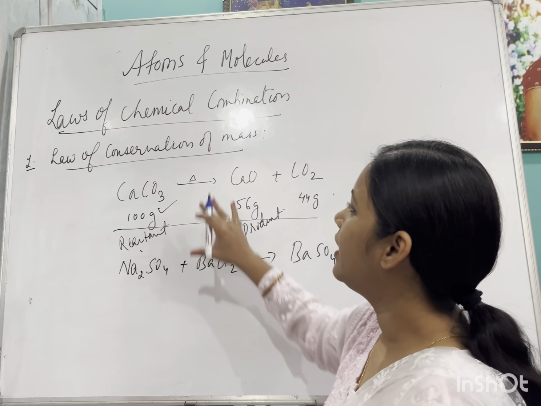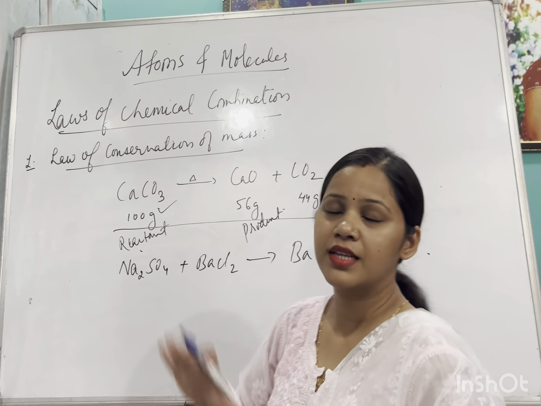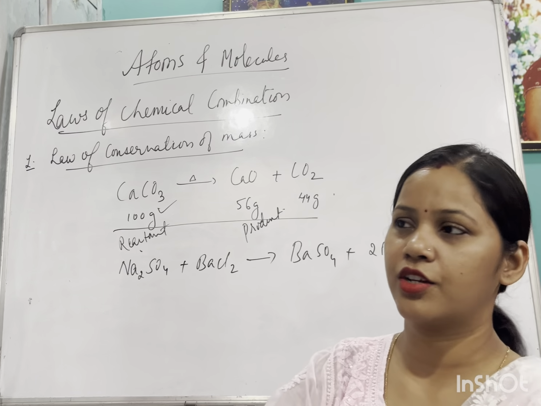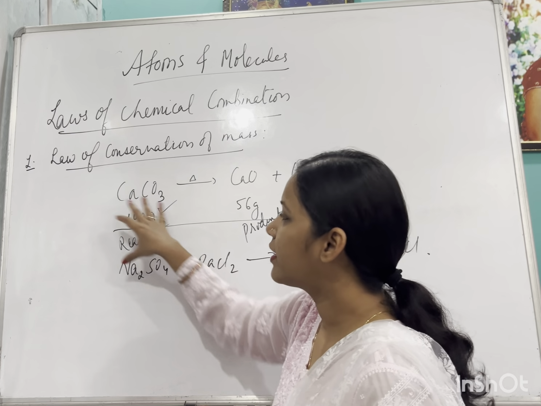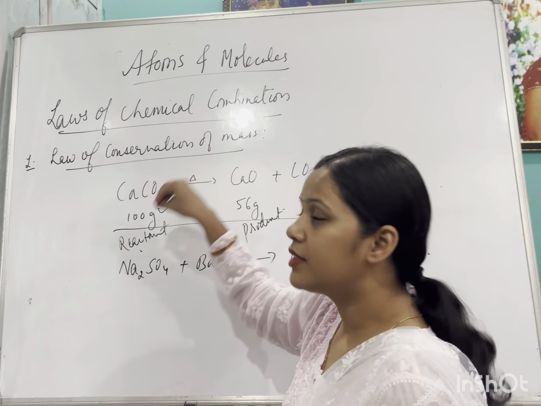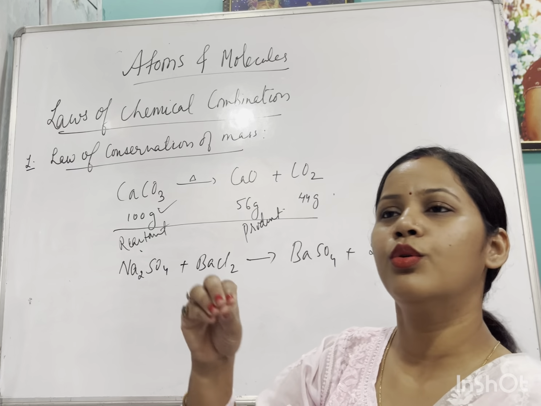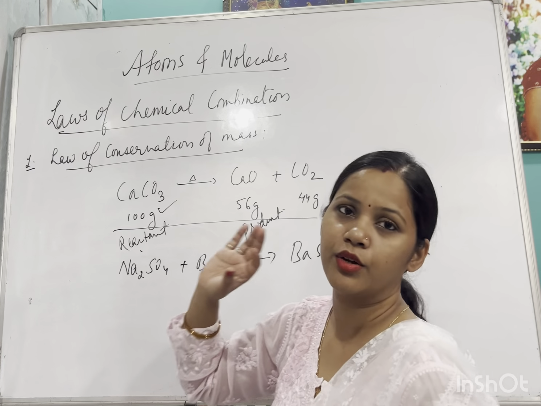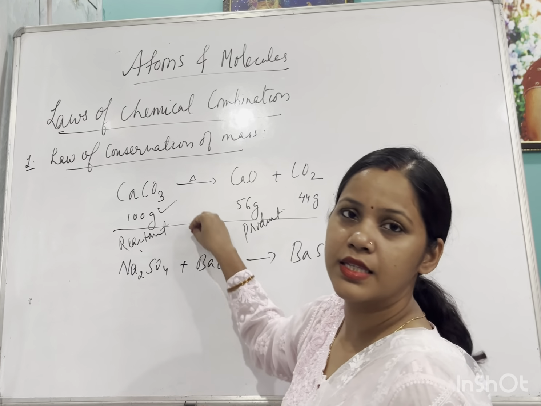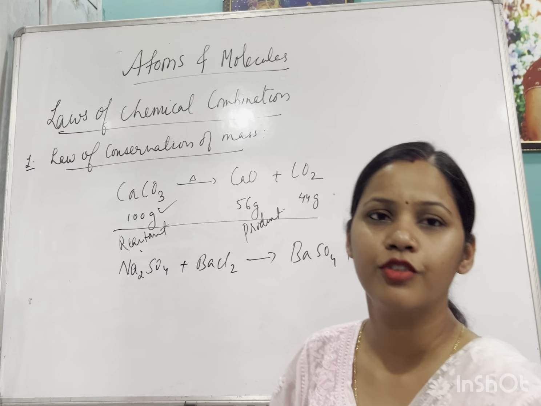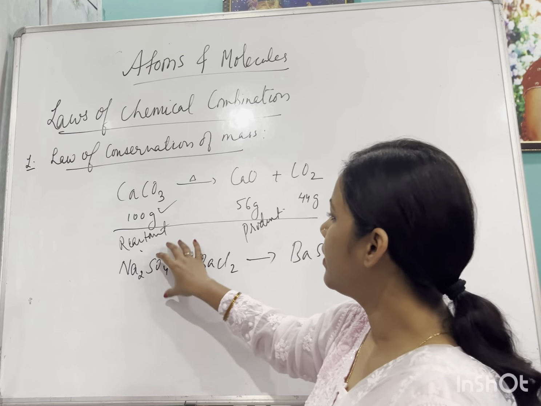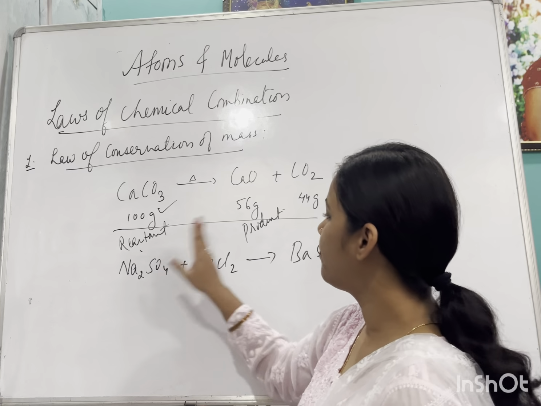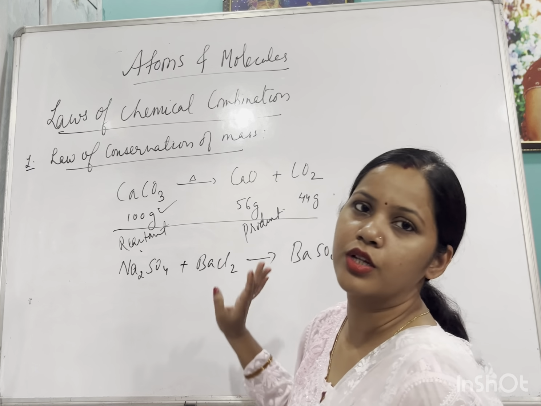So basically, the law of conservation of mass says that किसी भी रिएक्शन के दौरान जितना मास रिएक्टेंट का दे रहे हो उतना ही मास प्रोडक्ट का ऑब्टेन हो रहा है, इसका मतलब ये है कि मास कंजर्व हो रही है, कोई नई चीज़ नहीं बन रही है, बस यहाँ पे रिएक्टेंट का एक्सचेंज हो रहा है.